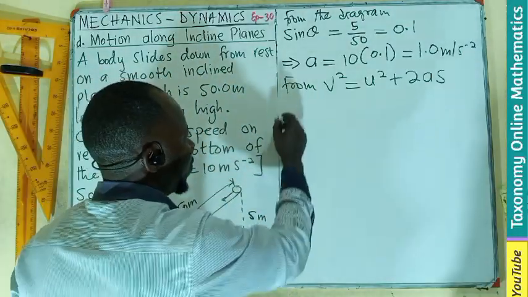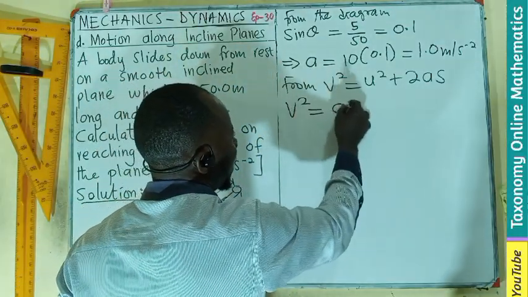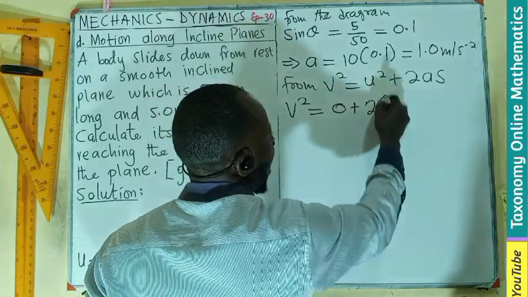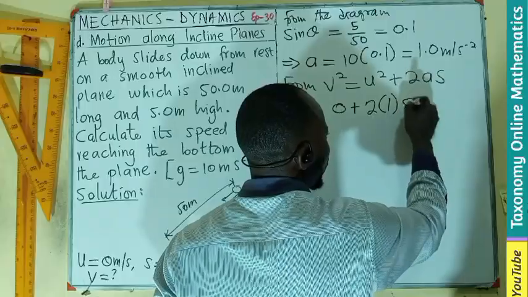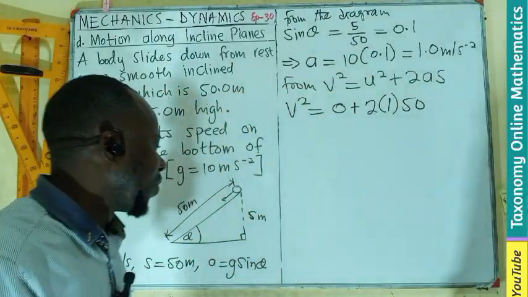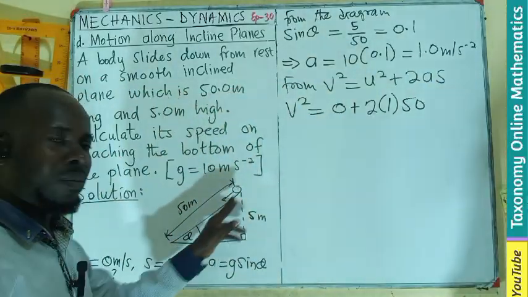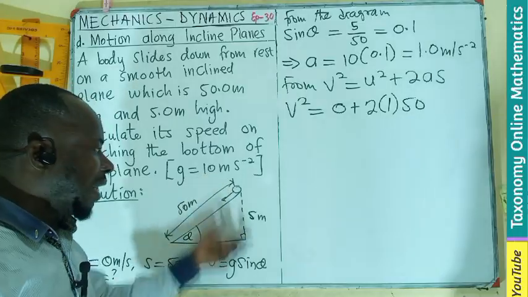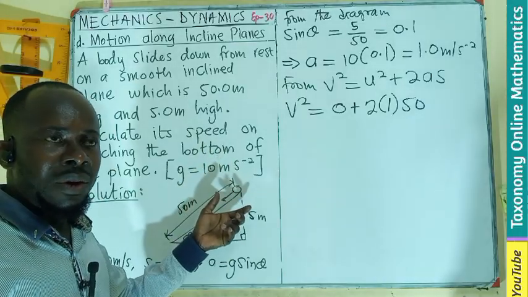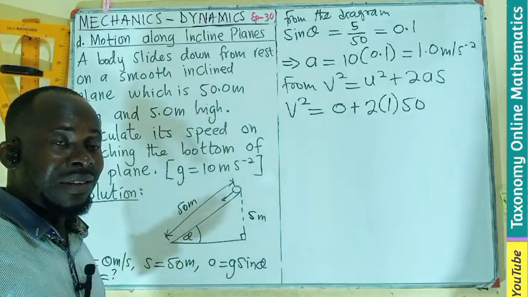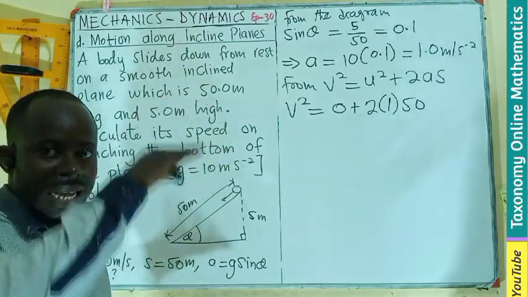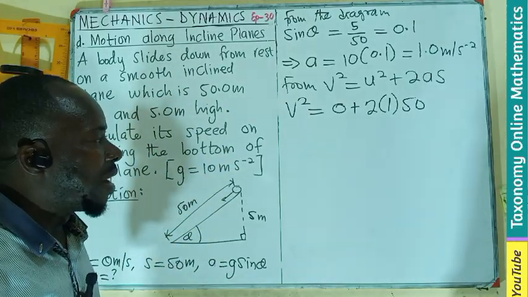So what are we looking for? Final velocity. So that's v squared equals initial velocity squared, plus 2 times 1 times this, which is going to be 50. I'm using 50 because of the distance traveled in this case, not the distance up. The distance traveled is going to be 50. Then 5 is the distance drop, that is the height at which it is above the ground.